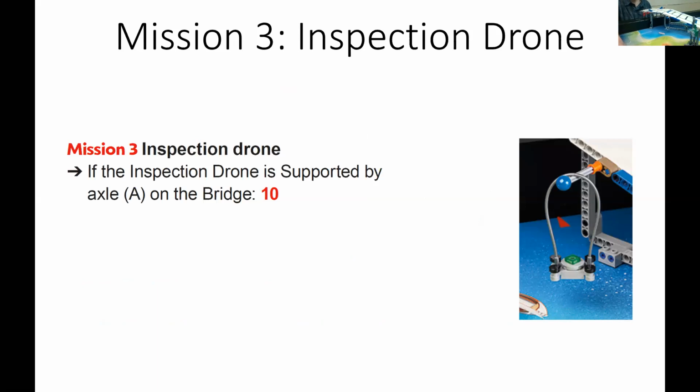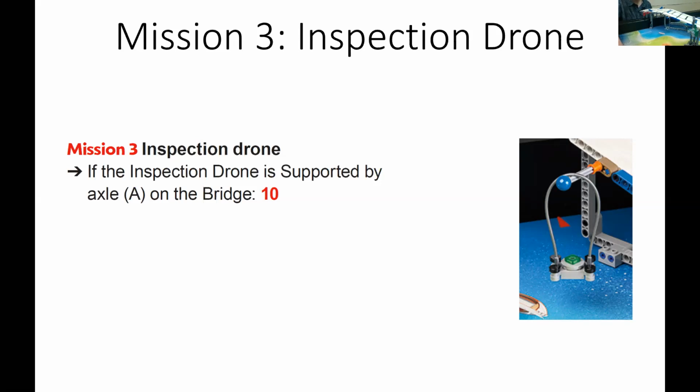So there's that mission, and that gets you 10 points, which isn't a huge number of points. By the way, the crane, the one we just did prior to this, is the one where you get 10 extra points if you are in the small inspection area instead of the normal 5.